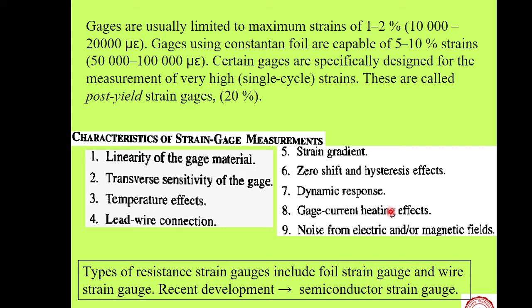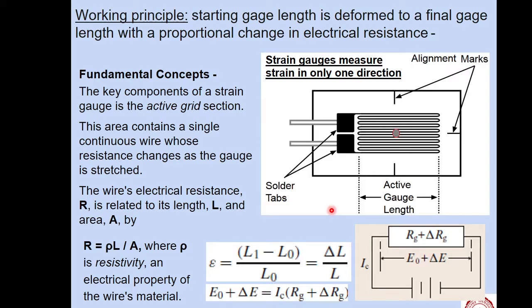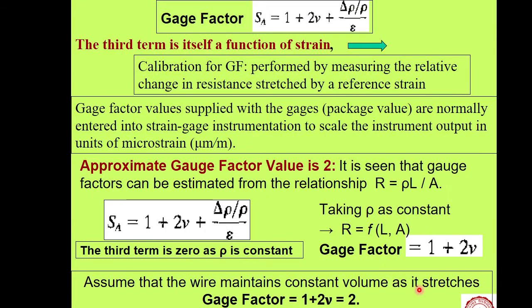Now, this gauge current heating effect, this part will be obvious when we discuss the measurement unit part. So, change in resistance is measured through a measurement unit, a circuit, the instrumentation part, by which a current is passed through this strain gauge. So, obviously, the voltage will increase if the magnitude of current is more, right? But we cannot increase that current as we wish.